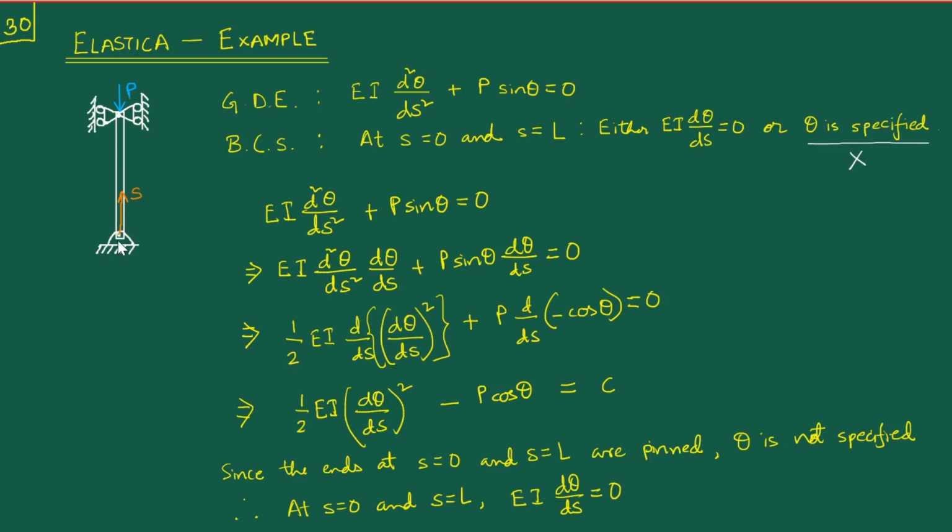So the only thing that we can say regarding this theta is that it is going to have the same value at s equal to 0 and at s equal to L. But we don't know those values. So what we are going to do is say, let the theta be equal to alpha at s equal to 0 and s equal to L.